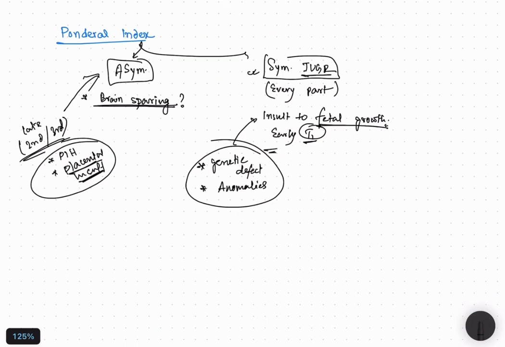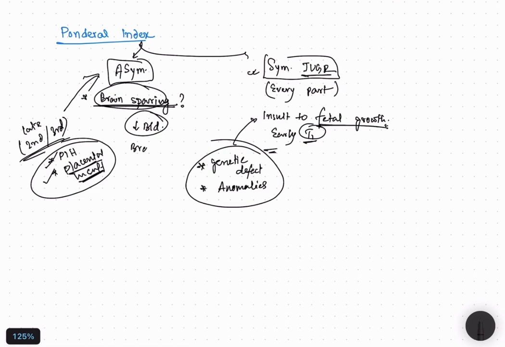Because of maternal causes like PIH, even gestational hypertension, there is decreased blood supply to the fetus. Because the fetus has this brain sparing effect, if there is decreased blood transfer, the fetus will try to perfuse the more important organ.